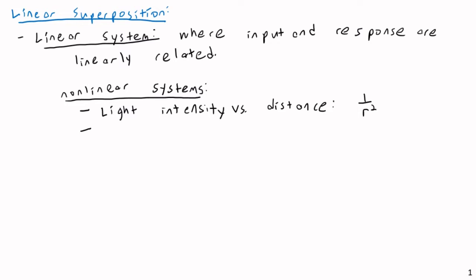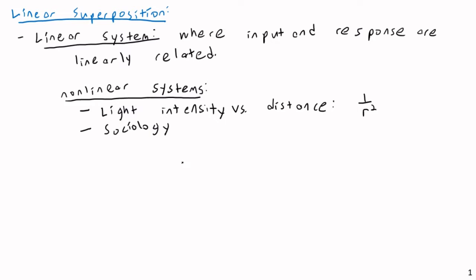And then we have many systems that are not linear and are not that predictable at all. For example, they don't follow any very clean, simple relationships. Anything involving sociology, anything involving human populations, is going to be a very non-linear system.